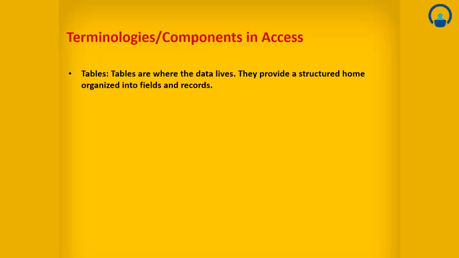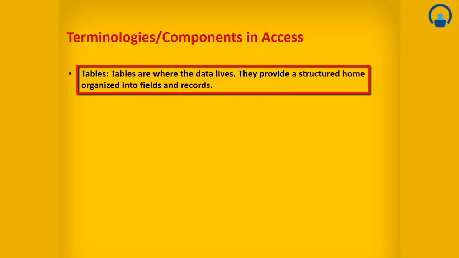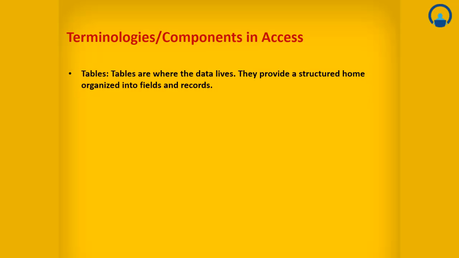I just want to give you a brief introduction to what these are and how they function. Talking about tables, this is where the data is stored. This is where the data lives. They provide a structure and it is organized in the form of fields and records. We'll see what fields and records are specifically when we open up the Access database.